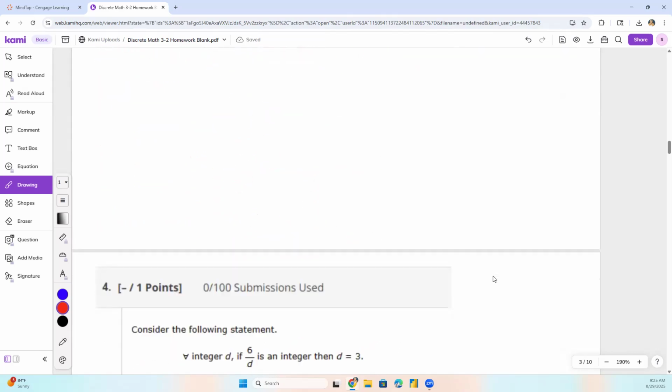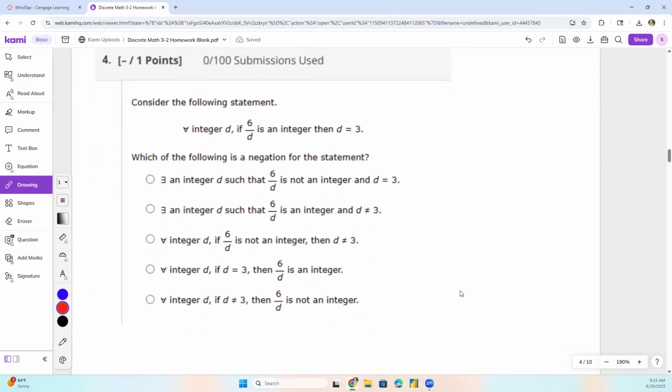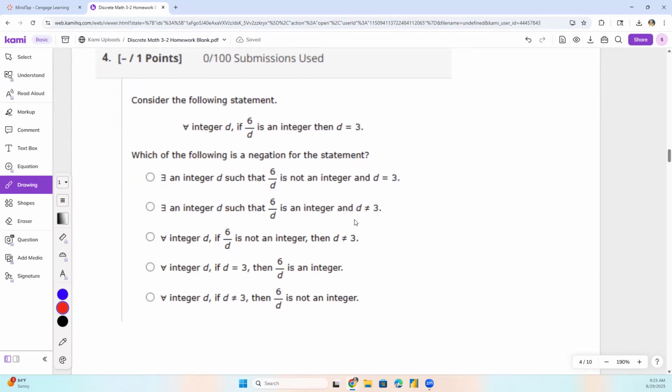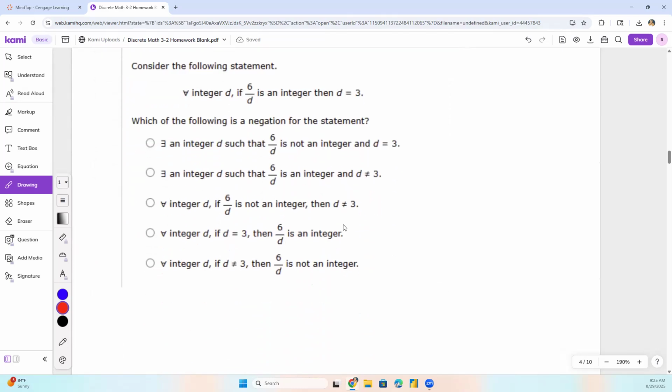For the next question on the homework, question 4, or 5, I don't know the correct order. So we have this statement: for every integer d, if 6 over d is an integer, then d is equal to 3. Which of the following is a negation for this statement? So for the negation, we're going to negate this sentence.